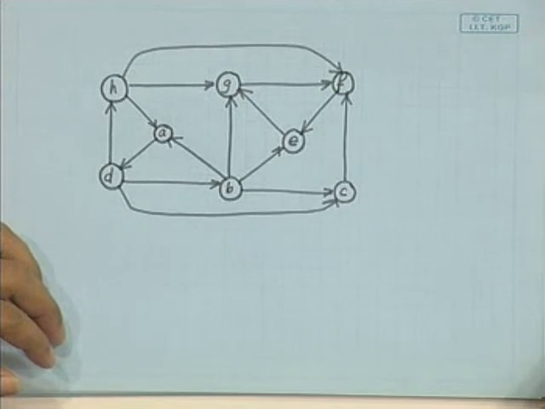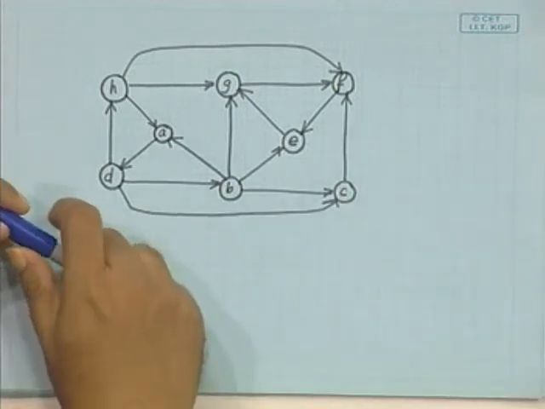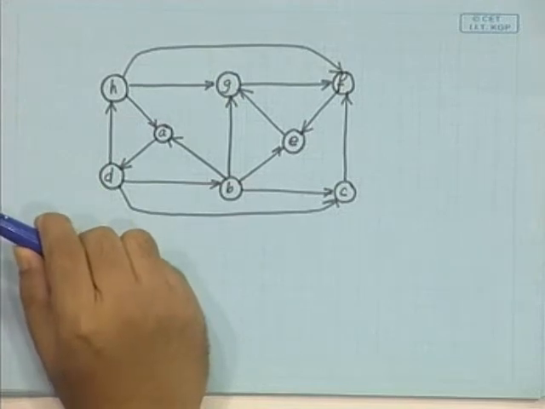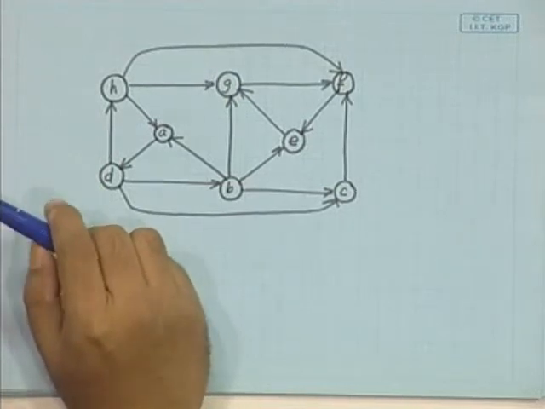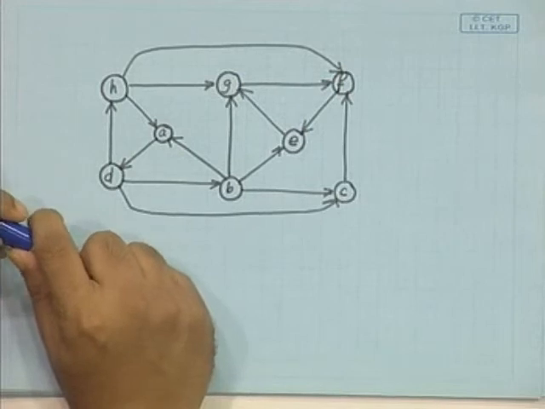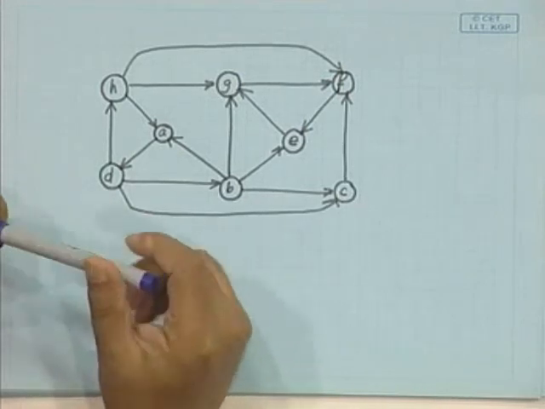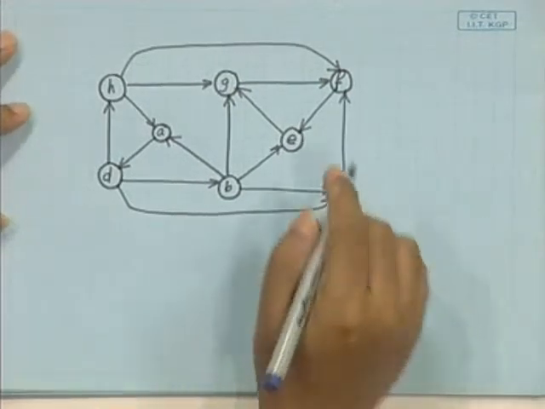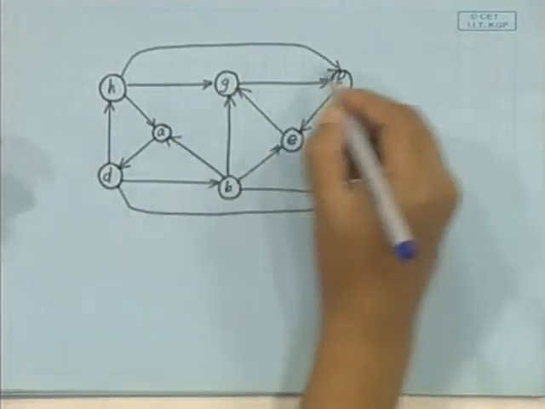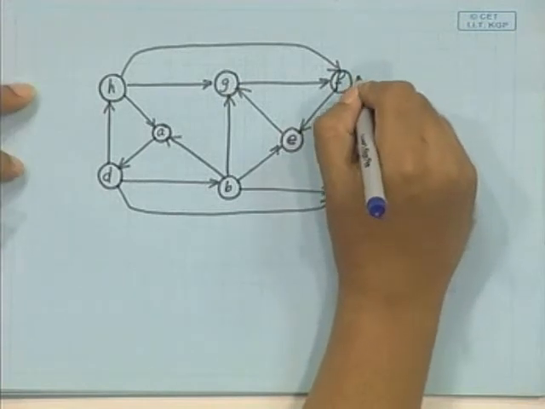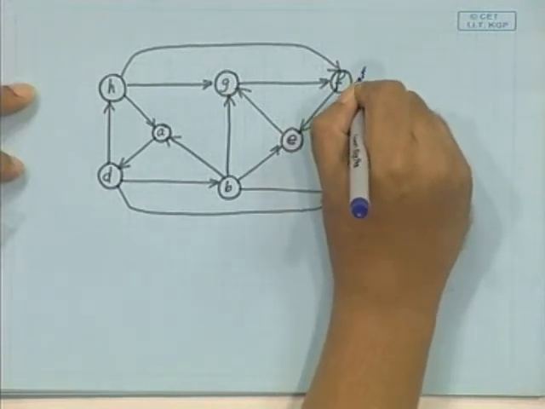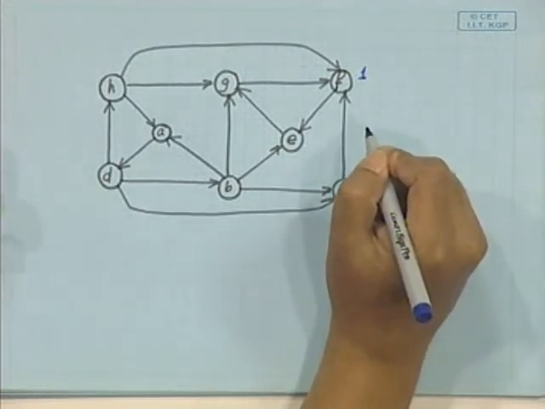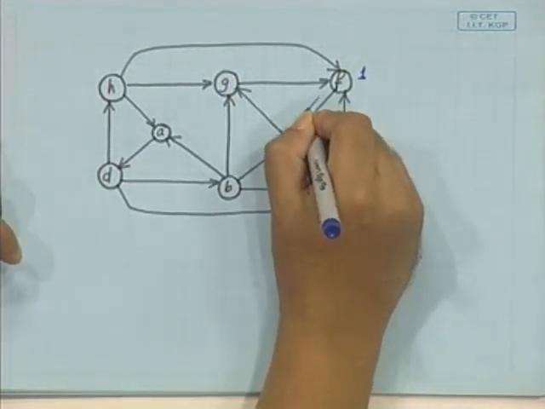Okay, we will do a depth first traversal on this graph. So let us start the depth first traversal. So remember that for depth first traversal we will have an entry number and an exit number like we did previously. So suppose we start from F. Okay, so this is going to have the entry number 1, right?